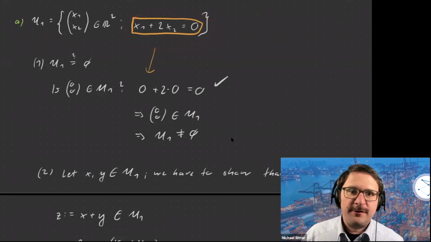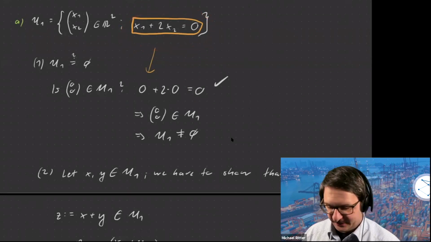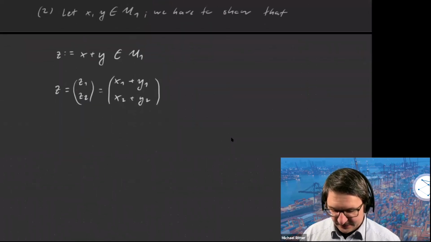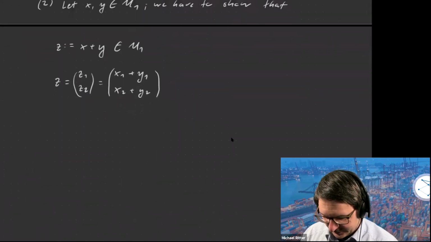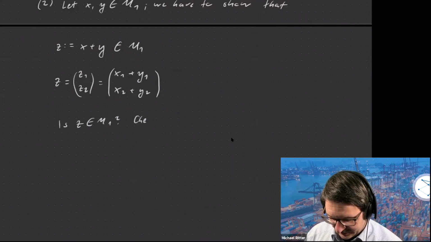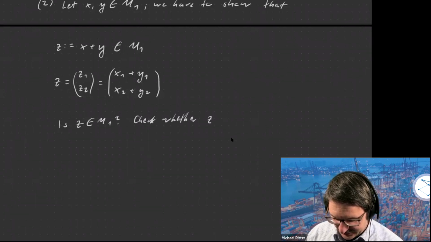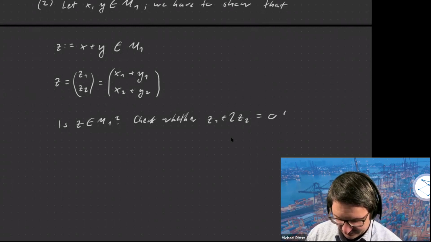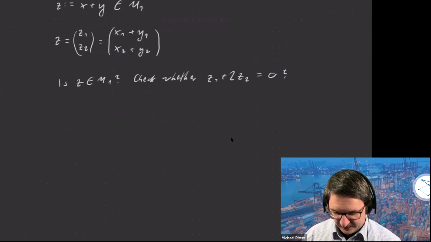And we'll need to prove that C fulfills this property. So the question is, is C in U1? Well, to check, we'll have to see whether C1 plus 2C2 is equal to 0. Let's do that.